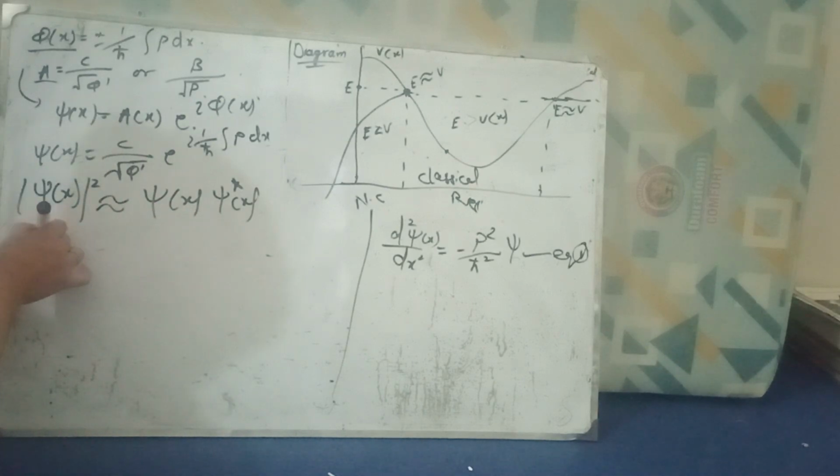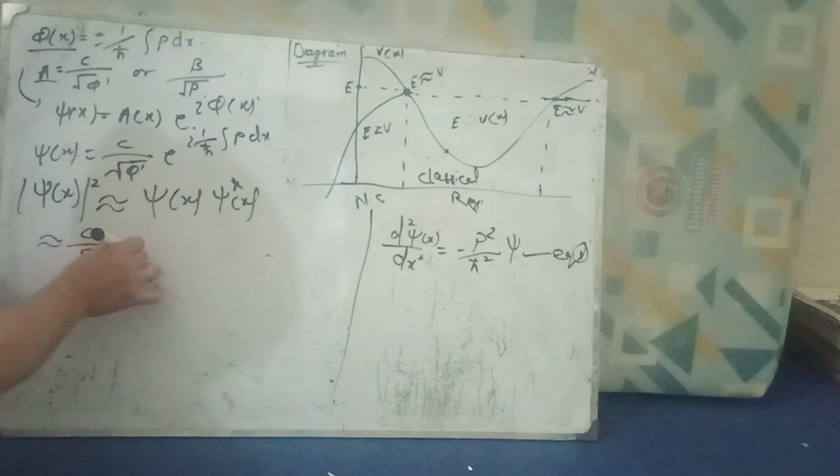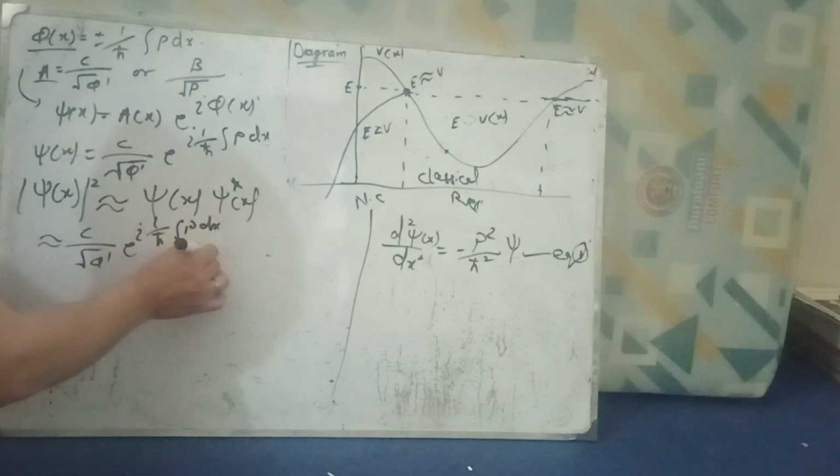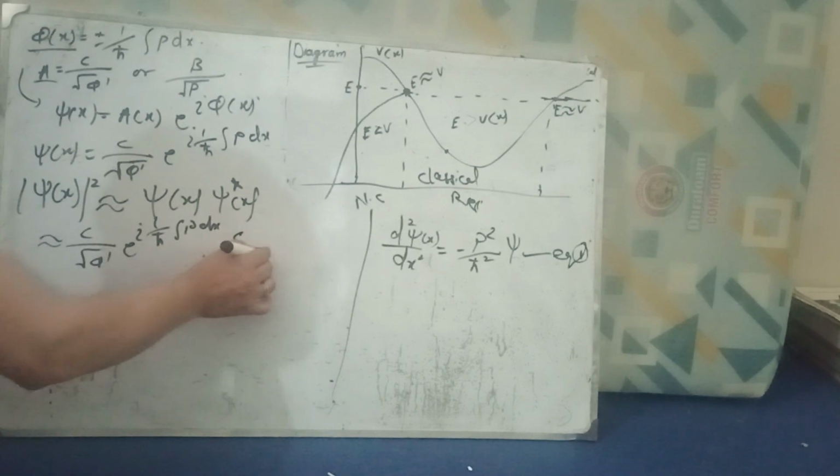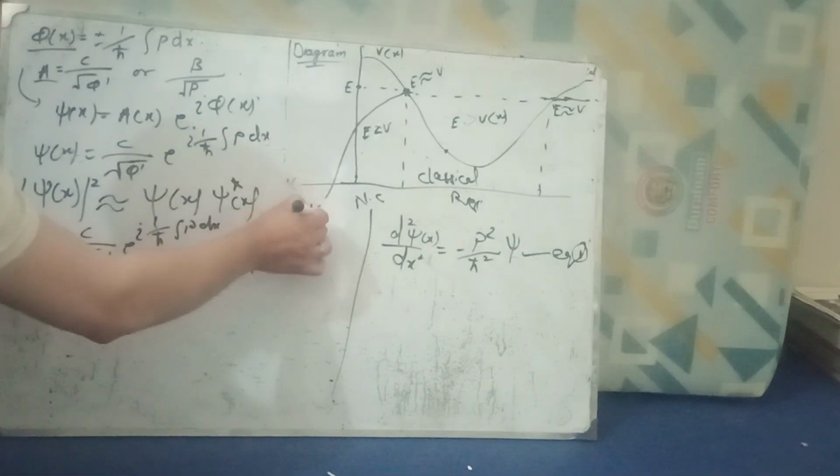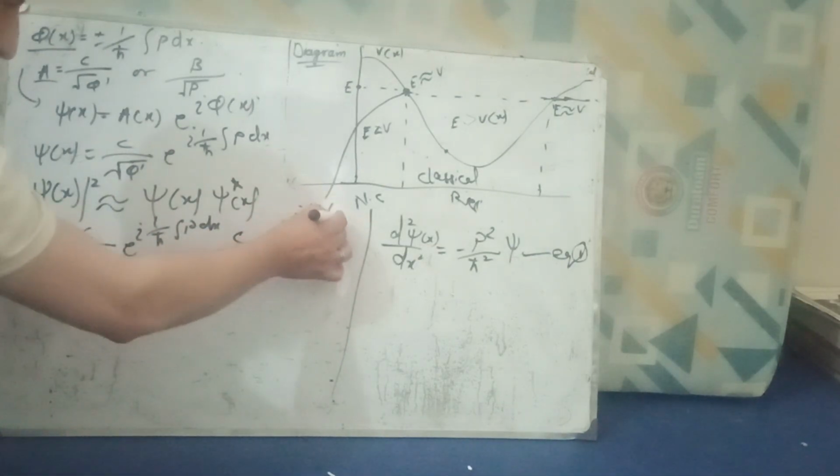Put the values of psi of x, c by square root phi prime, exponential power iota 1 by h cut integral p dx, dot c divided by square root phi prime, exponential power minus iota 1 over h cut integral p dx.